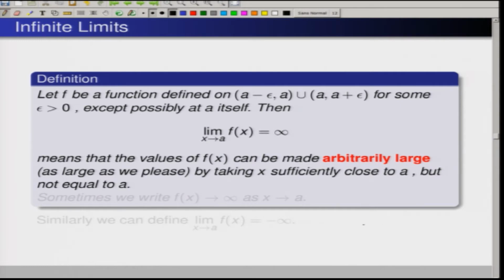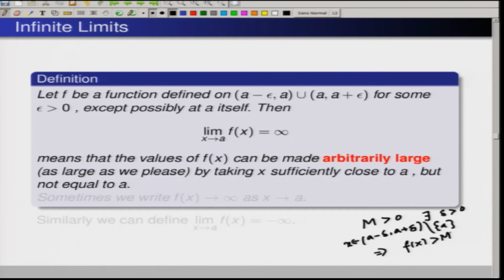In other words, suppose M is positive. For any given M there exists a delta greater than 0 such that if x belongs to (a minus delta, a plus delta), except possibly a, it will imply that f of x is greater than M. That is what arbitrarily large means.